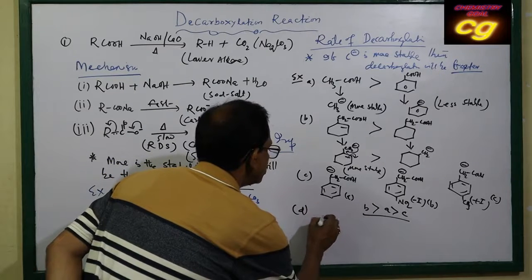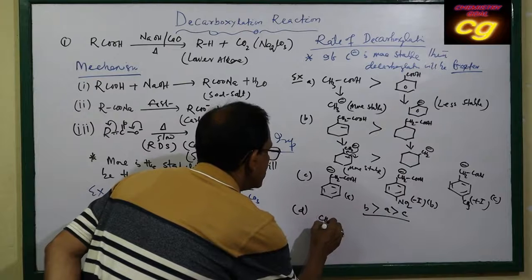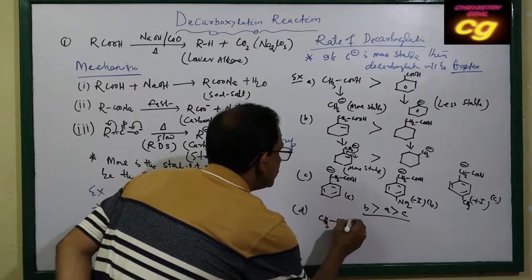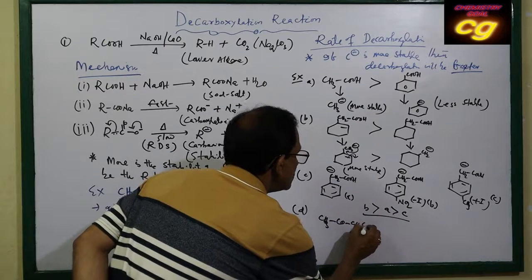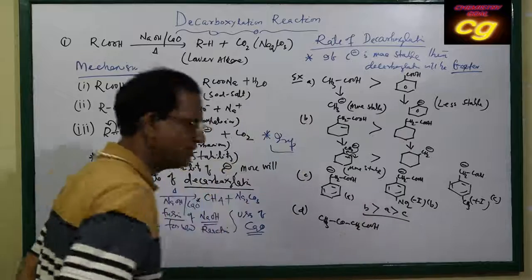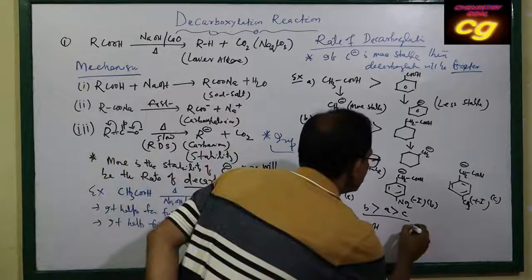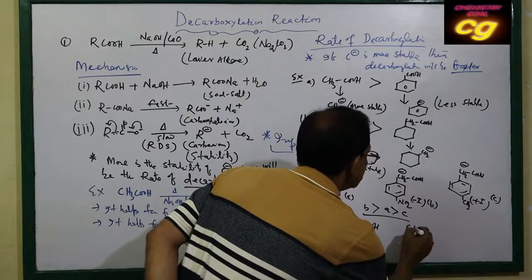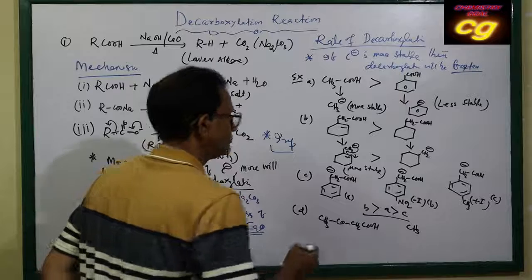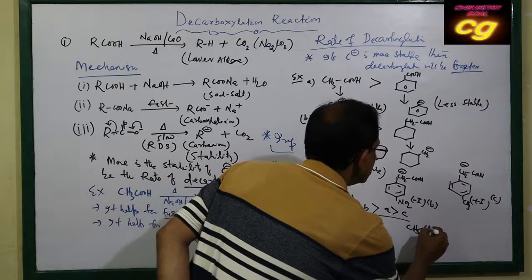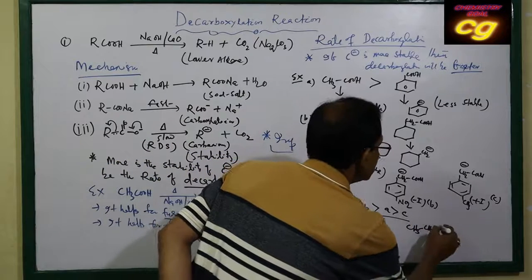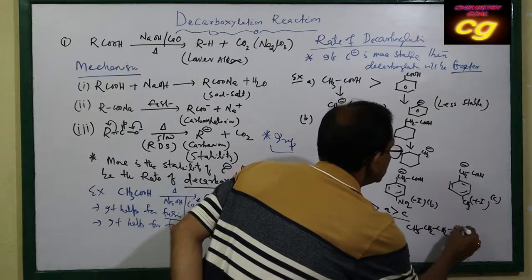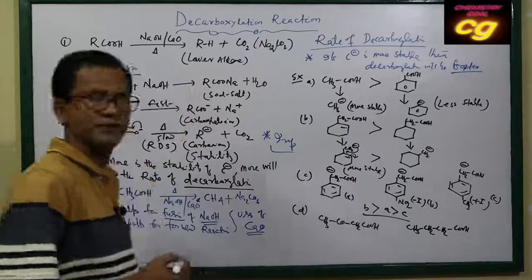Suppose CH3 CO CH2 COOH. These examples. Another example you take, CH3 CH2 CH2 COOH. You see the difference.